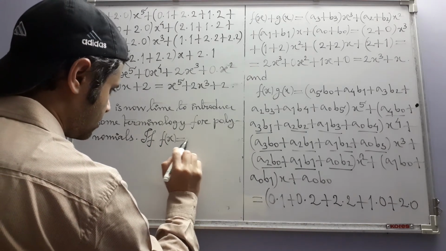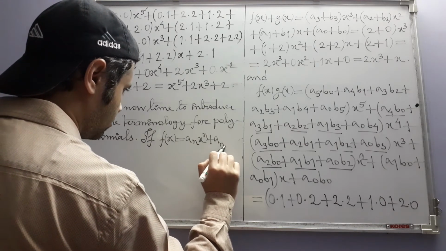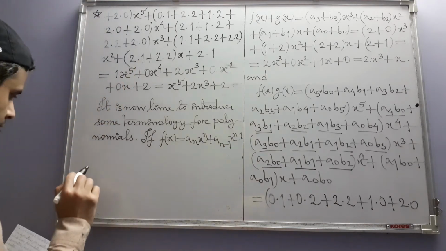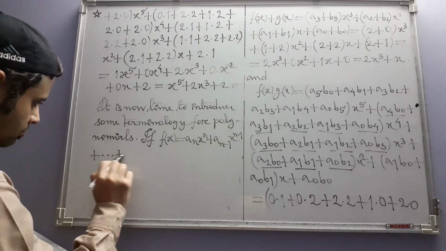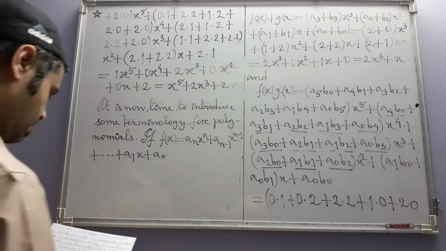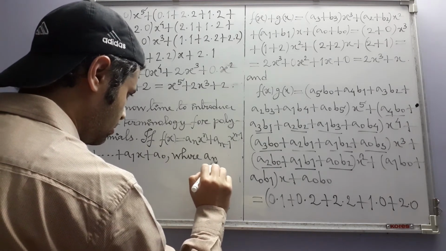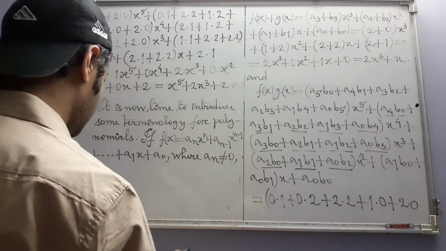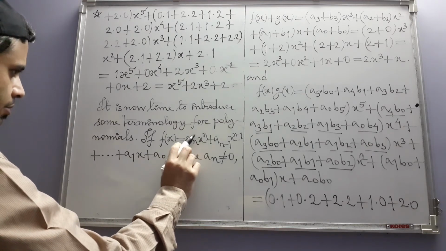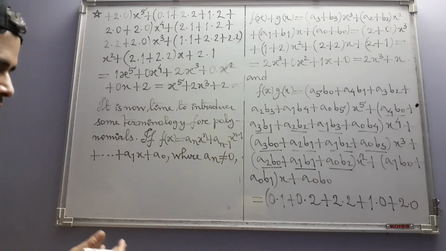If f of x is this polynomial, where an is not equal to 0, the coefficient of the highest term, we can say, because there n is the largest exponent.